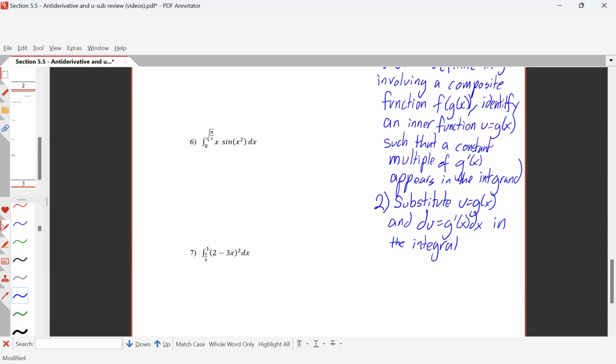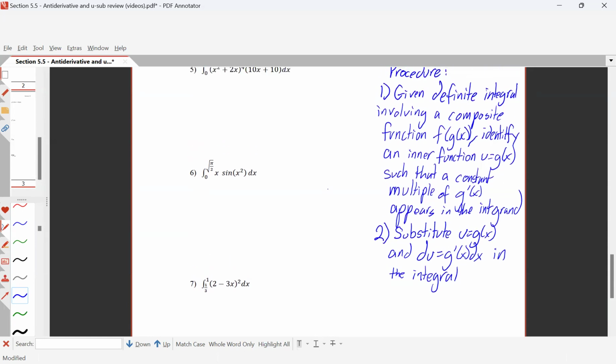But we need to turn the whole integral in terms of u. With this substitution, all we've done is change the differential on the end from a dx to a du and change the variable using our function g of x into a variable of u.